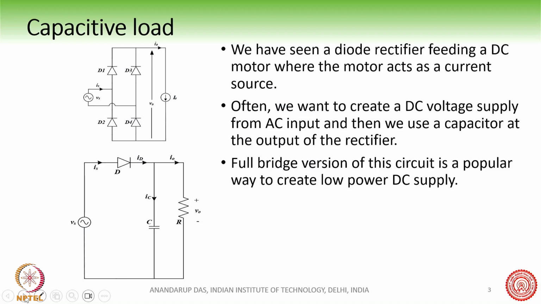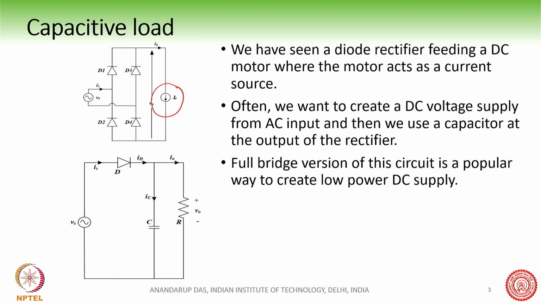Now, in the earlier lecture, lecture 1, we saw the diode rectifiers feeding a DC motor, where the motor was represented by a constant current load.